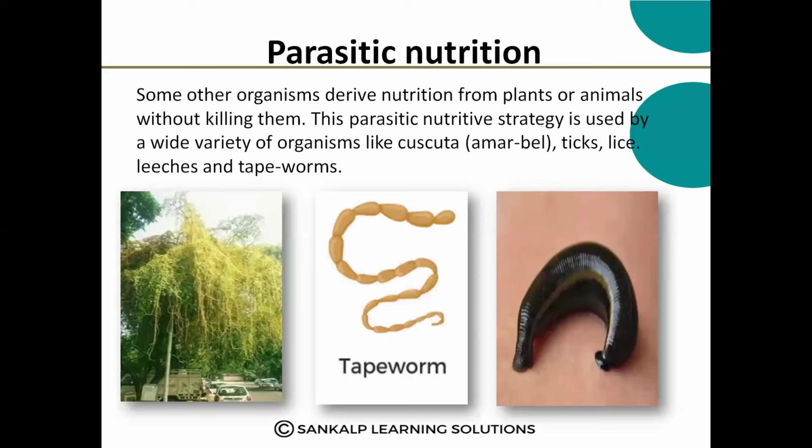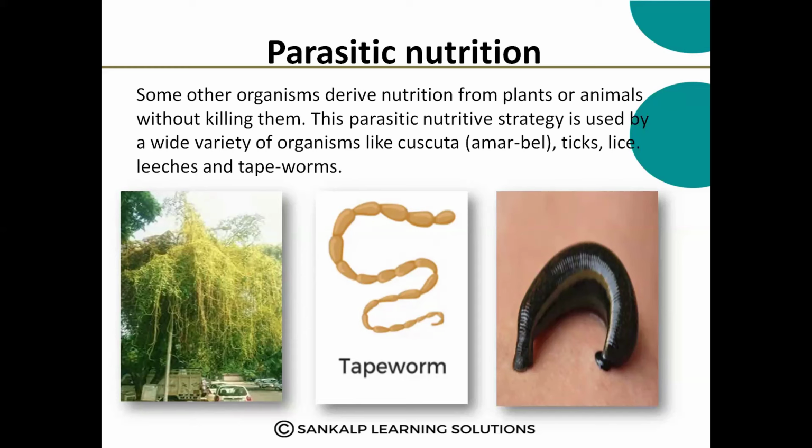And one more type of heterotrophic nutrition is parasitic nutrition. Parasites depend on other organisms for their food, right? But they will not kill the organism. For example, in the first case the lion or the tiger is killing the deer, and by killing the organism it is obtaining the nutrition.